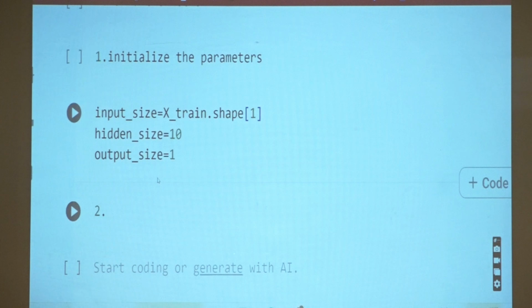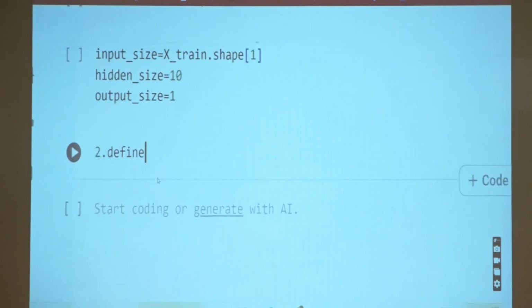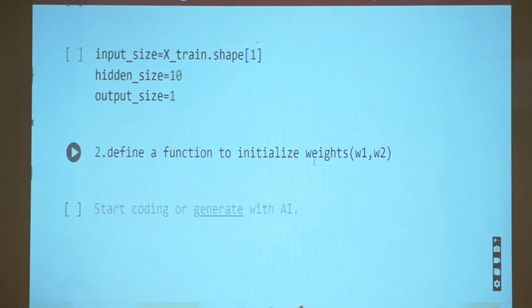Did you all finish initializing the parameters and designing the network? Yes or no? Is there anybody still doing this, or should I proceed? Make it fast. At least we have to complete forward propagation today in the class. Once you have initialized the parameters, now we'll define a function to make some connections and build the network.